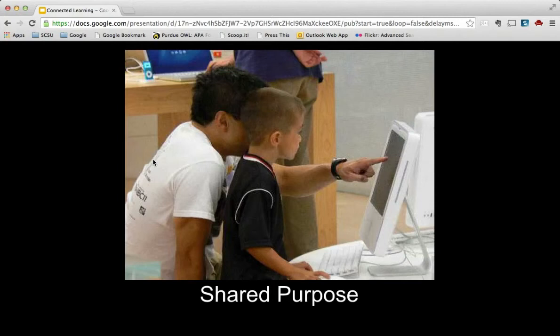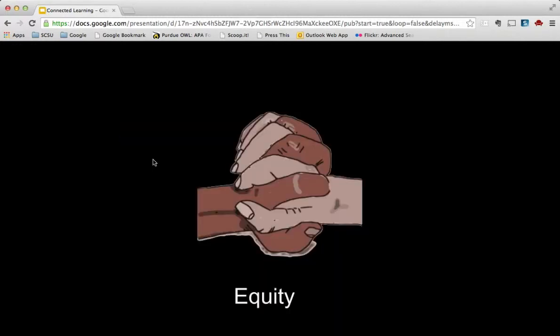And that's where a shared purpose comes in, that we need to have adults and students who have a passion together and that they contribute to a common purpose. And this kind of cross-generational learning really allows it to thrive when we can share these interests and goals.